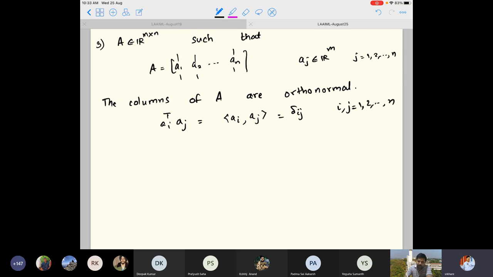What is delta ij? It is the Kronecker delta: delta ij is equal to 1 if i is equal to j, and equal to 0 if i is not equal to j. So if the columns of A are orthonormal, do you think this matrix A will have a left inverse?